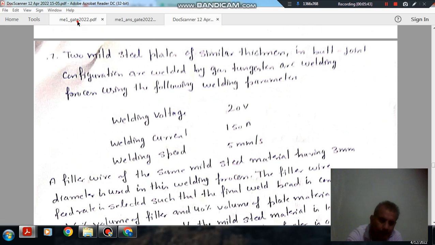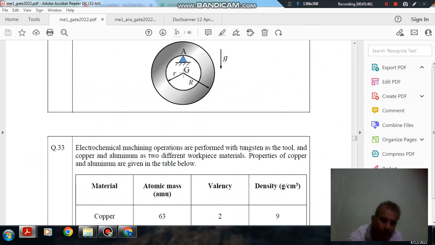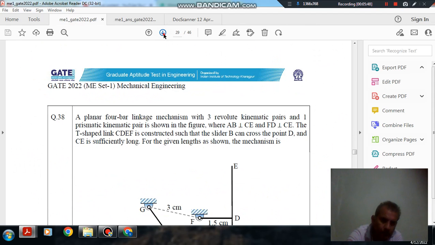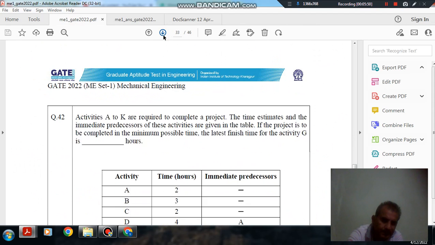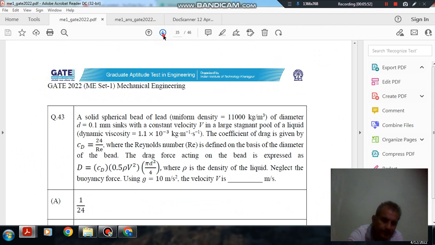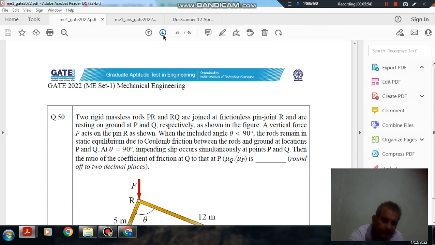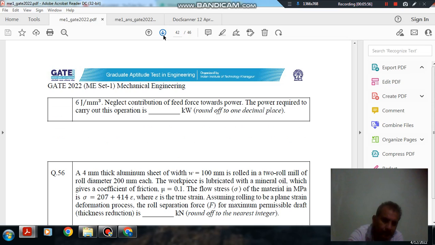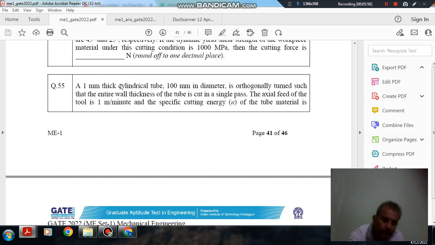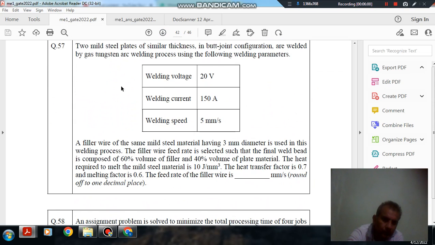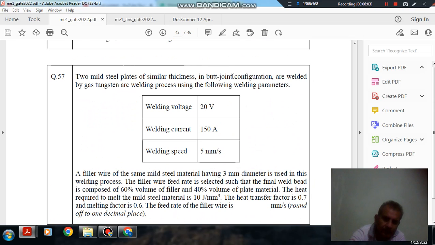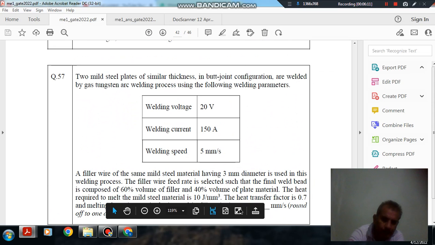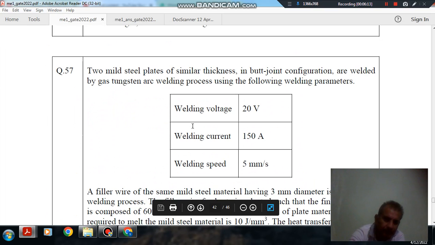Okay. Next, two mild steel plates of similar thickness in butt configuration are welded by gas metal arc welding process using the following welding parameters.